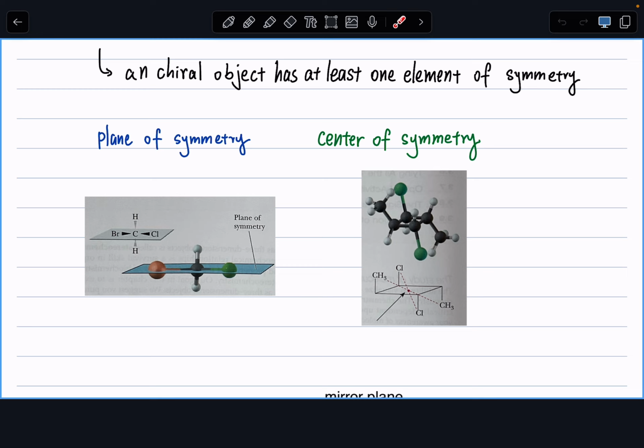That internal plane of symmetry is making that molecule achiral. And on top of the internal plane of symmetry, which is like a mirror plane, you can also have a center of symmetry. In this case, the center of symmetry means if I'm exchanging the position of my CH3 with CH3, chlorine with chlorine, that's also an internal element of symmetry.